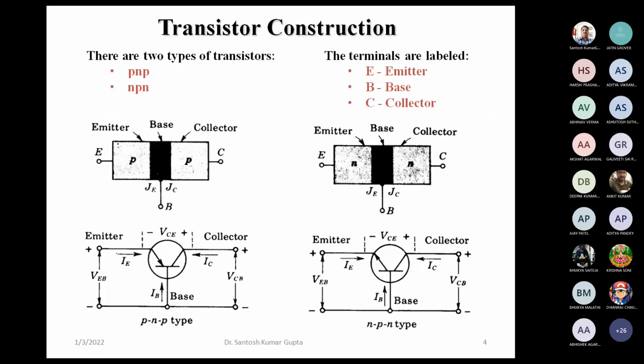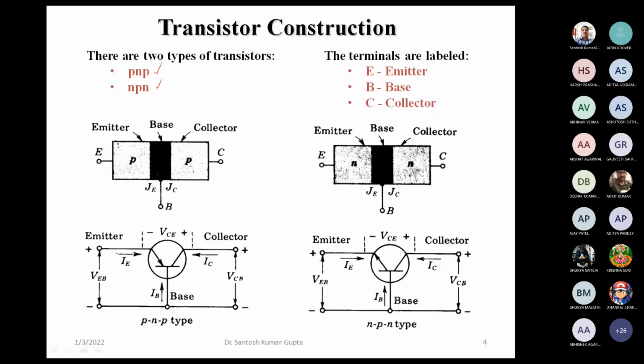After this brief historical part, let us look at the construction of these transistors. As we mentioned a little while ago, we have two types of transistors possible: the PNP transistor and the NPN transistor.